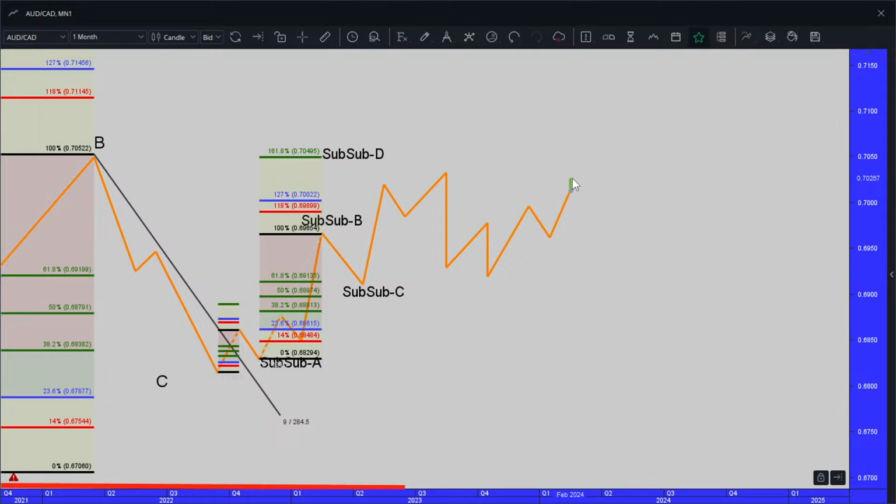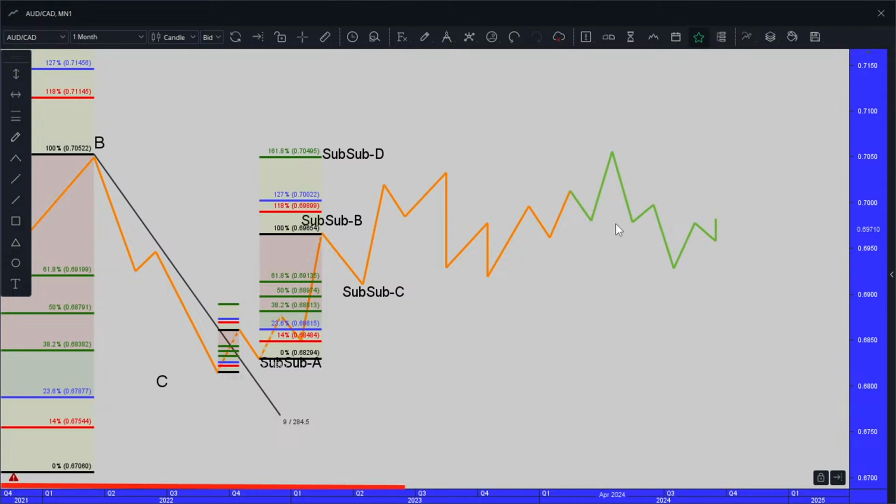And sure, this is just an example, right? And the market is going to do something like this, fulfill the extension, and then it's going to go into a retracement, and it's going to do something like this, right? Now, once the market fulfills the sub-D extension, as always, what are we going to do?